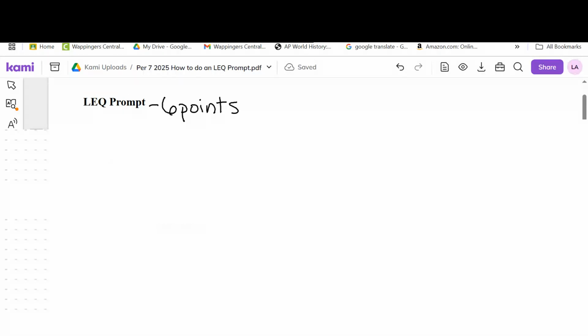Fifth point is making sure that you have frame or structure, meaning paragraphs. And those paragraphs have to be based on the prompt. So depending on what the prompt is, you have to make sure you have paragraphs based on that.